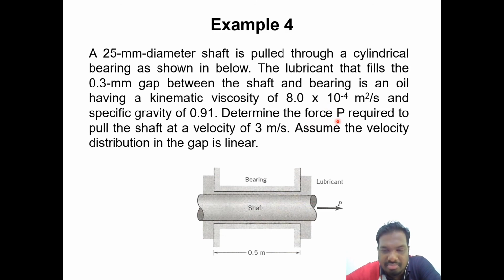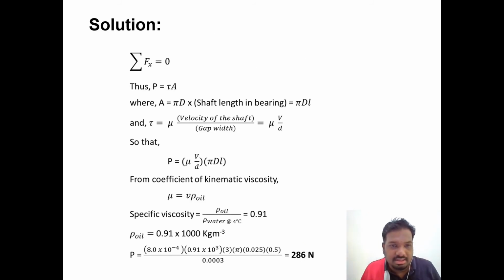Normally in the question we will give force as capital F. They ask to assume the velocity distribution in the gap is linear, meaning no acceleration, so the resulting force equals 0, because no force going out or in.